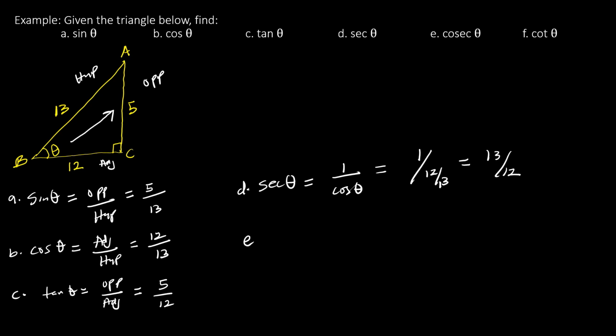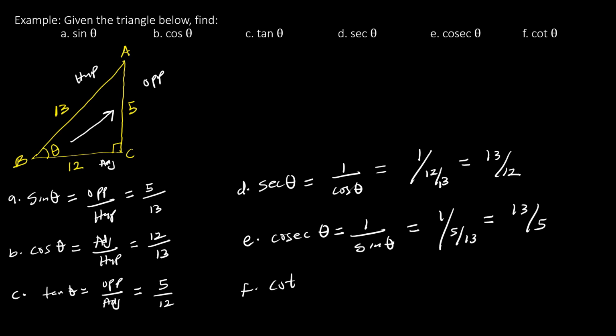The fifth one is cosec theta. Cosec theta is the reciprocal of sine, so this equals 1 over sin theta. So this is 1 over 5 over 13. 5 over 13 is our sin theta, so we have this equal to 13 over 5. The last one is cot theta.